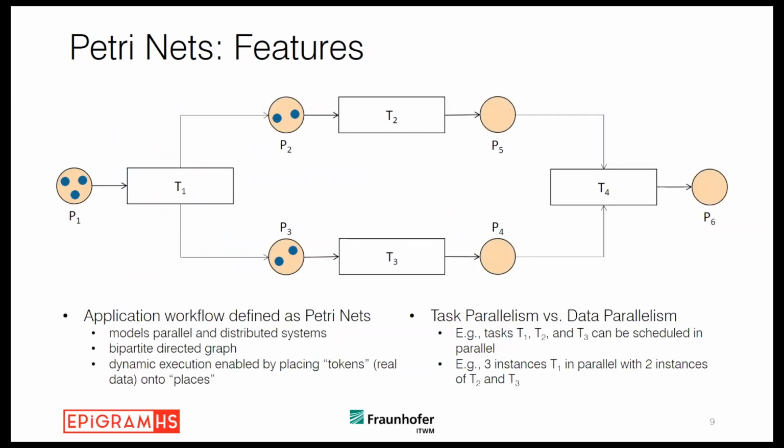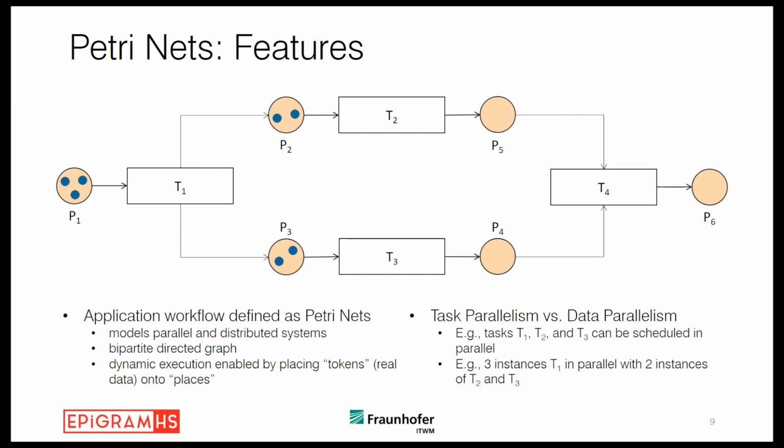So what features do we get from those Petri nets? Petri nets are a fantastic way of describing distributed parallel systems. It's a bipartite graph, meaning there are two different kinds of vertices and they are not allowed to connect to the same kind.